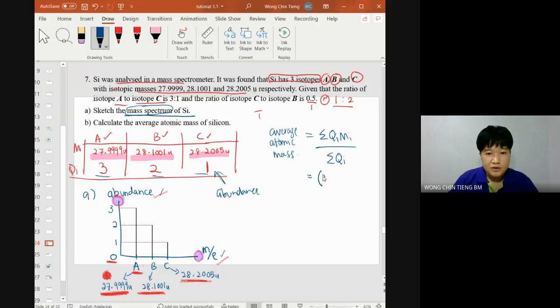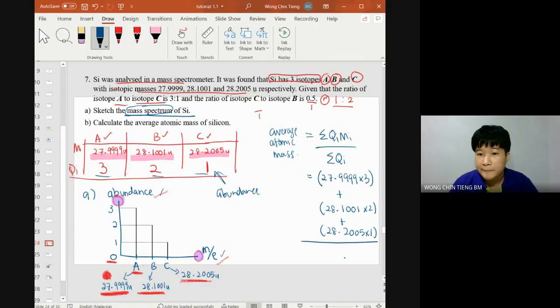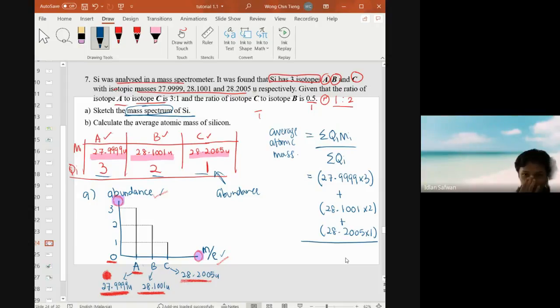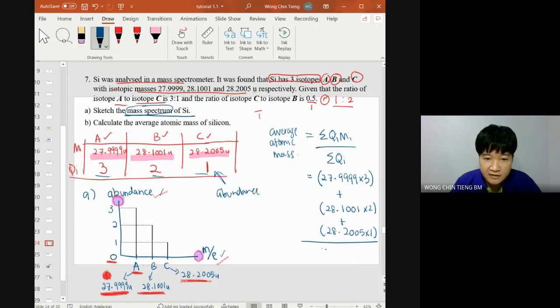Your A is 27.999 times 3, your B is 28.1001 times 2, plus your C is 28.2005 times 1, over how much? 6. 3 plus 2 plus 1. Jawapan, I guarantee, sama.